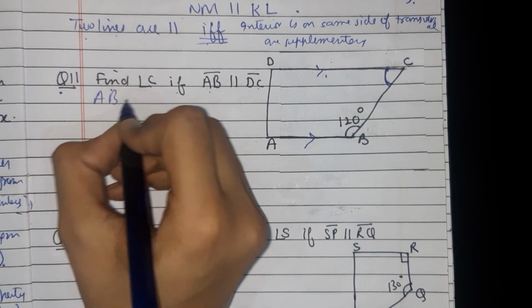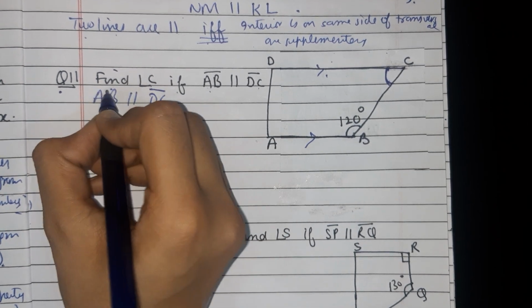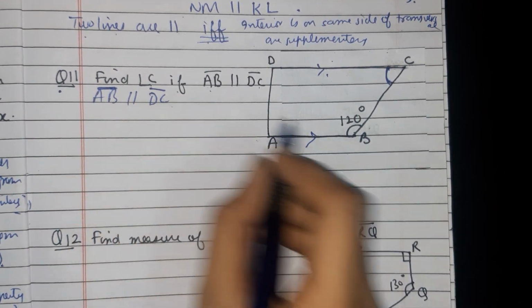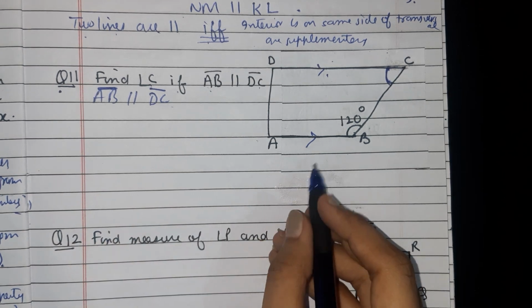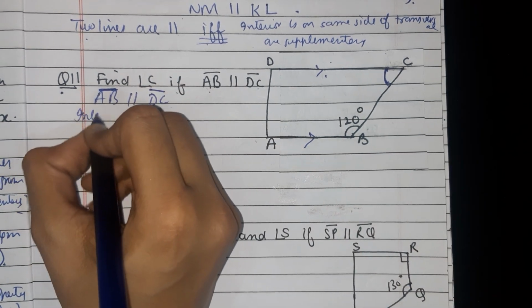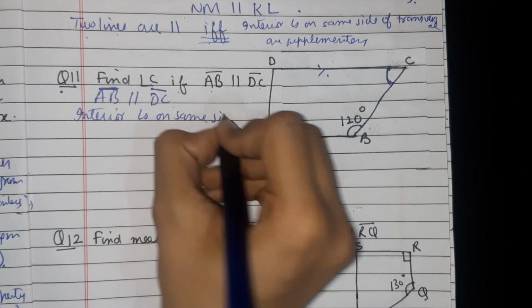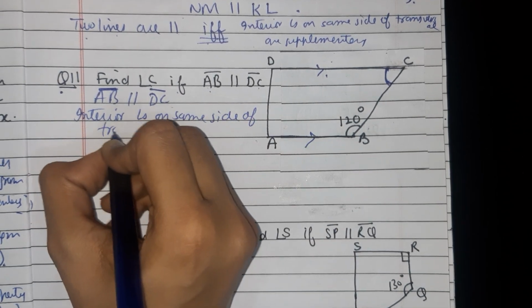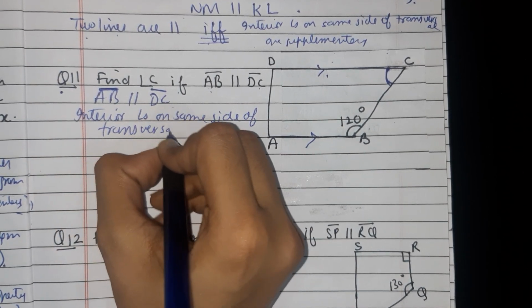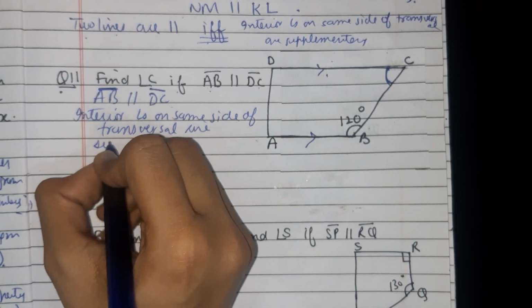Since AB line segment is parallel to DC, we can say that the interior angles on the same side of the transversal are supplementary.